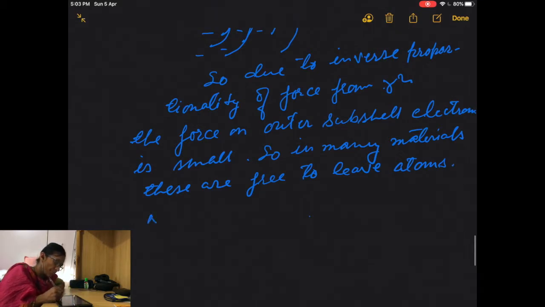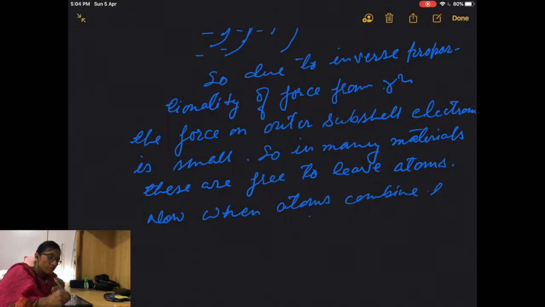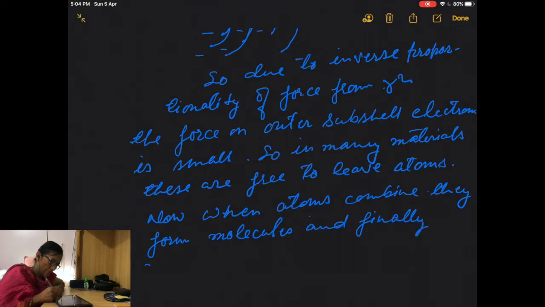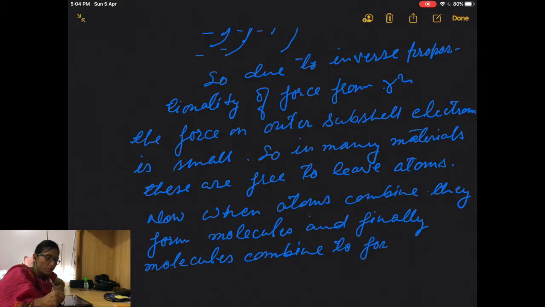Now, when atoms combine, they form molecules, and finally molecules combine to form extended objects.